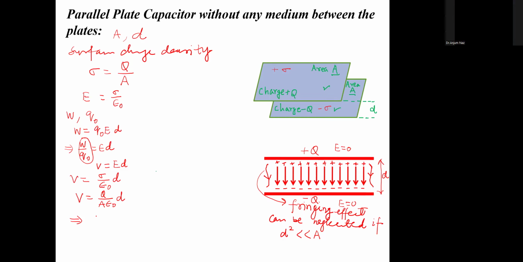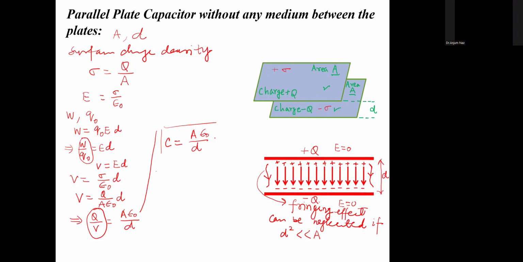This implies Q by V is A epsilon naught by d. By definition, this ratio is the capacitance of the capacitor. That is, the capacitance of this parallel plate capacitor is A epsilon naught by d.